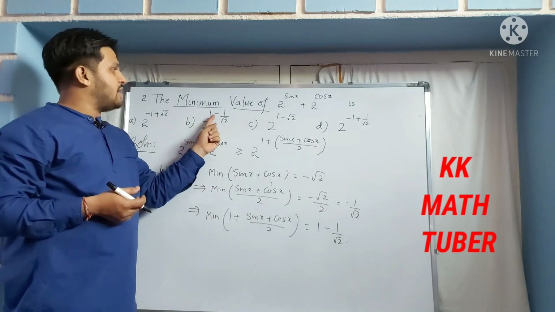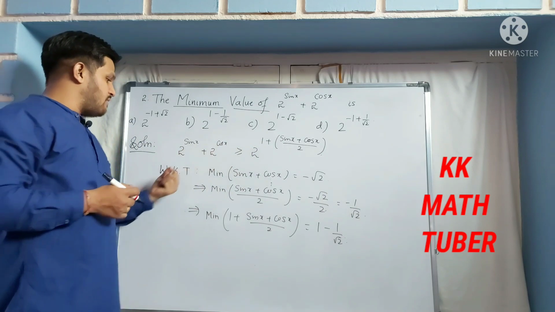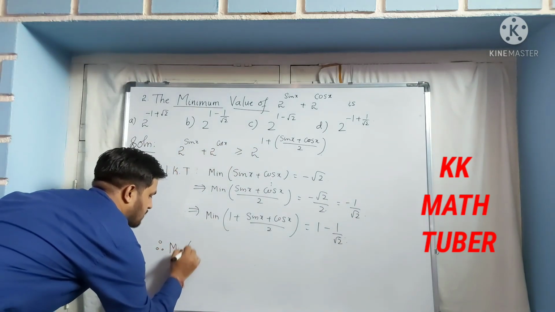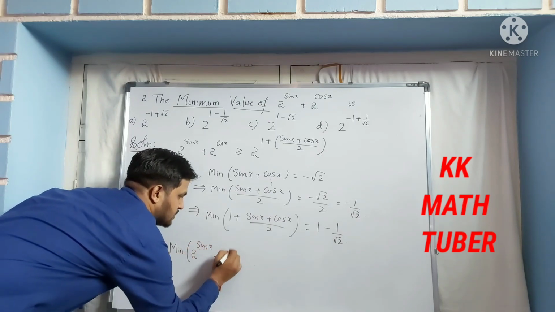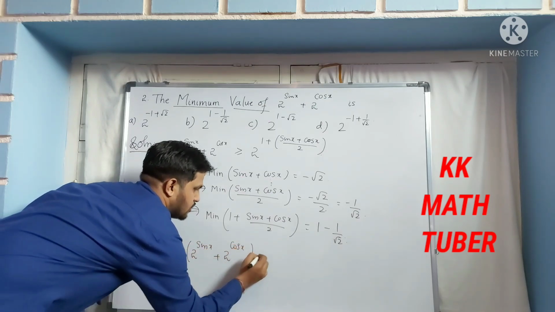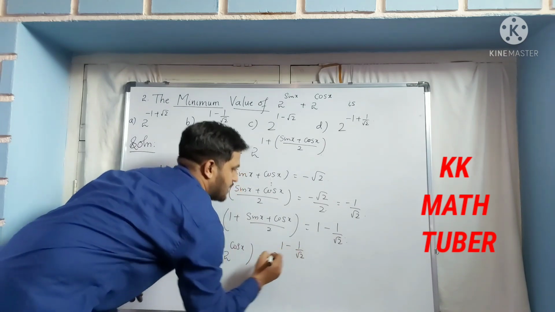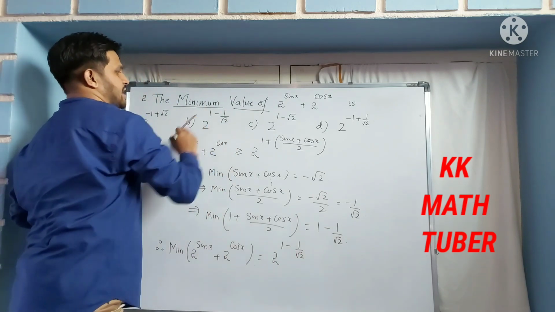This is 2 power 1 minus 1 by root 2, because it is 2 power. Therefore the minimum of 2 power sin x plus 2 power cos x is 2 power 1 minus 1 by root 2. Therefore option B is the right answer.